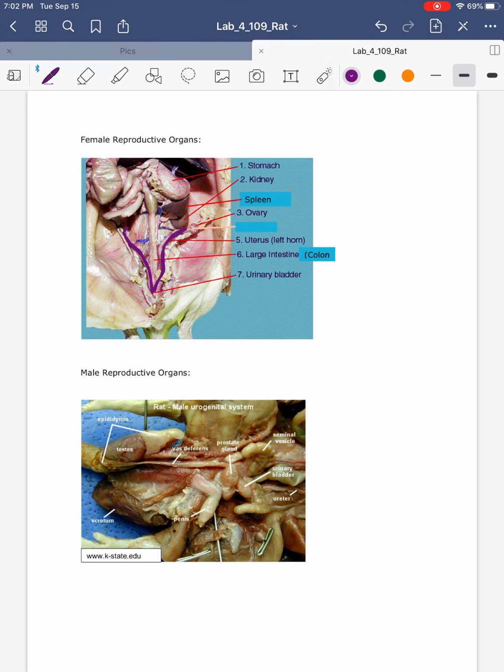The uterus, actually, this is not a good label. We don't like that. That's the uterine tube. The uterus is where these 2 little pieces of the V come together. So the uterus would be right where they come together.